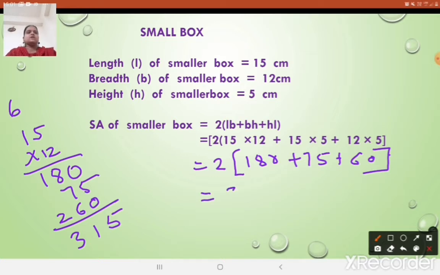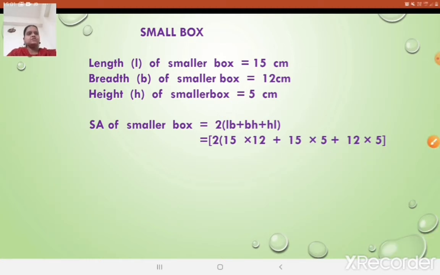So you will get 2 into 315. What will you get? 2 5s are 10, 2 1s are 2 plus 1 is 3, and 3 2s are 6. Answer is 630. Yes, do all this calculation in rough and check the answer from the video. Let us see.